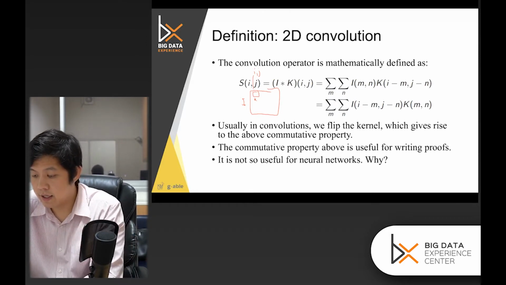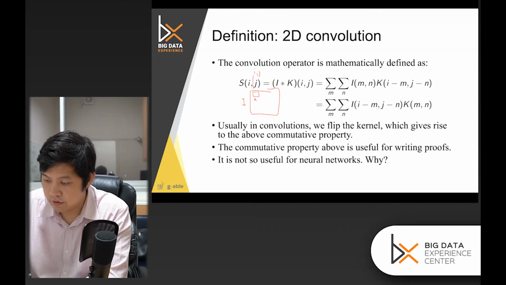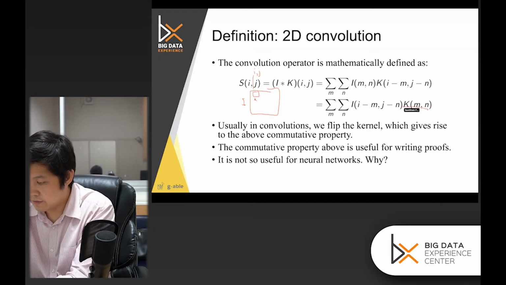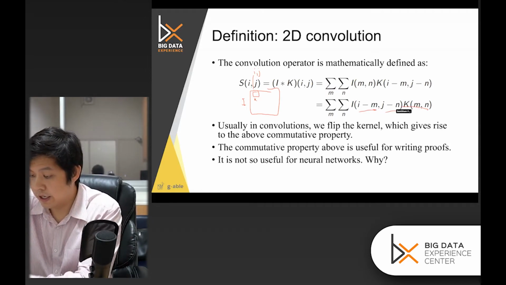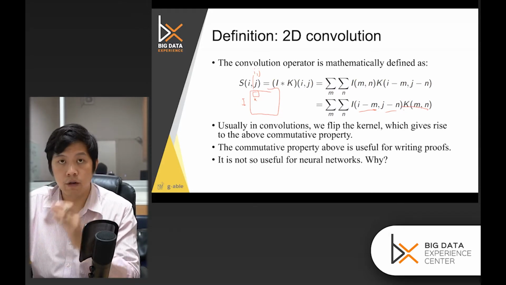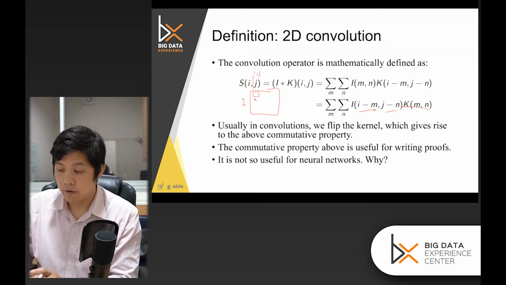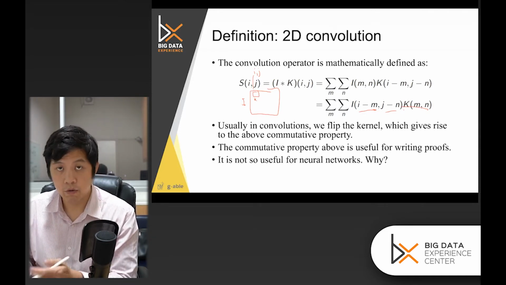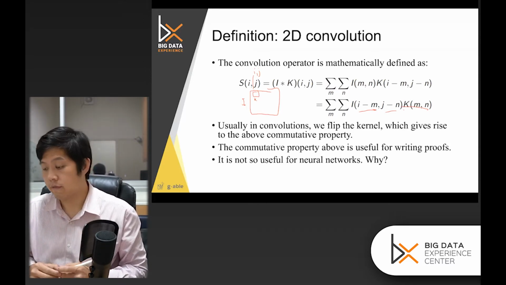You can see that from this, we are trying to multiply K[m,n] with the shifted location of i and j. So for each location, we multiply K with that location and then sum them all together. Okay, this is the process of convolution.